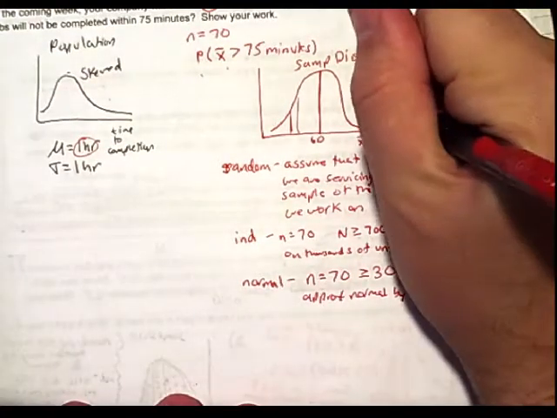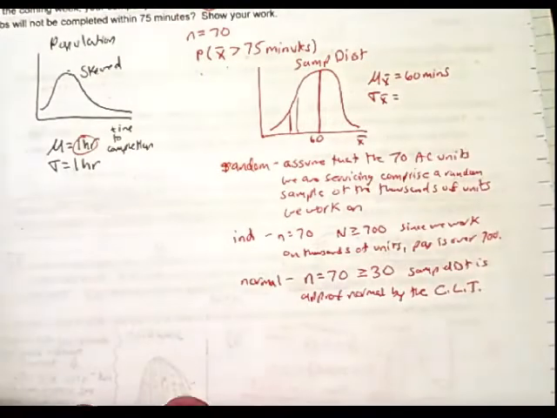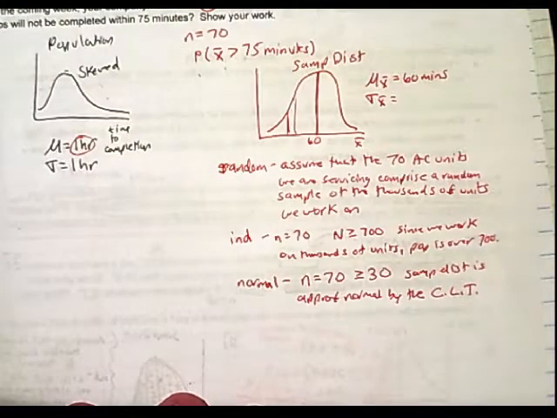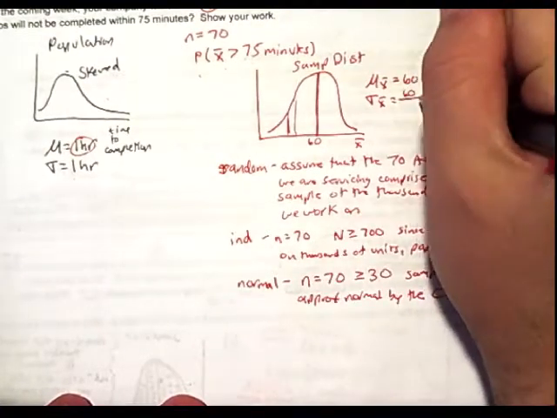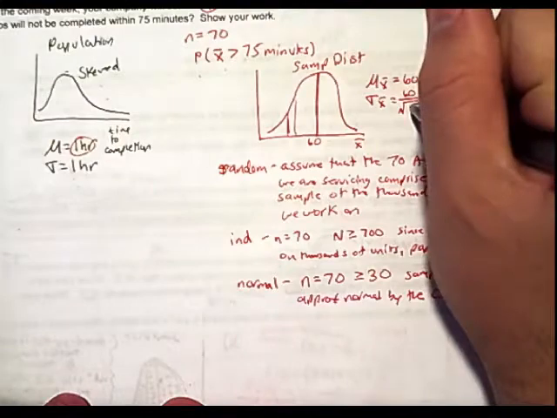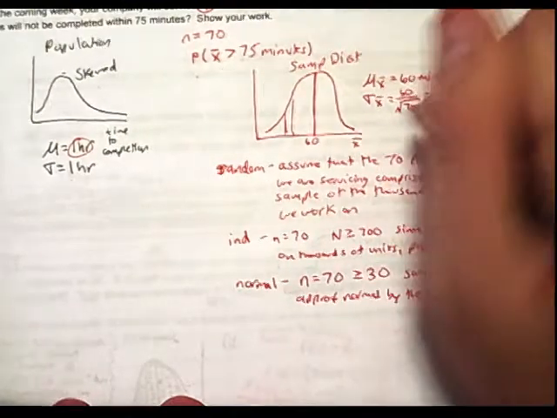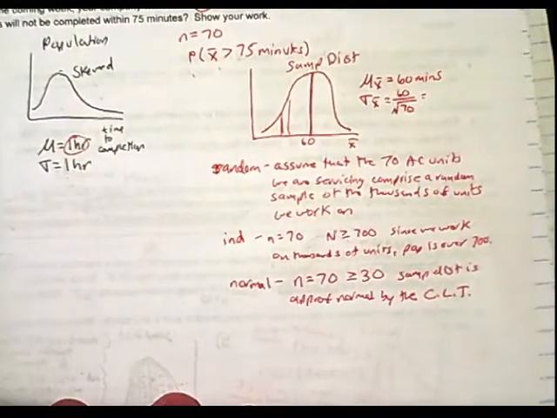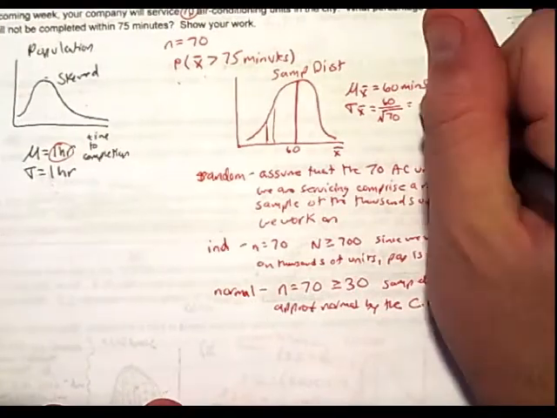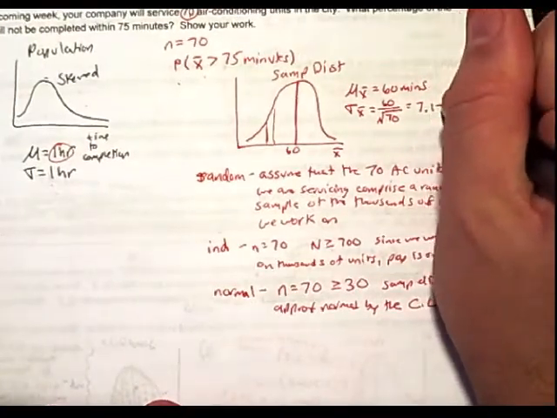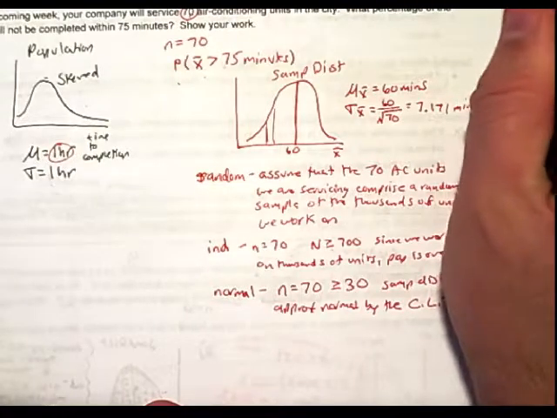Okay, what's the spread of the sampling distribution, also called the standard error? Well, we're going to take whatever sigma was, in minutes again, divided by the square root of your sample size, which in this case is 70. So if I put that in my calculator, I do 60 divided by the square root of 70, I get 7.171 minutes.